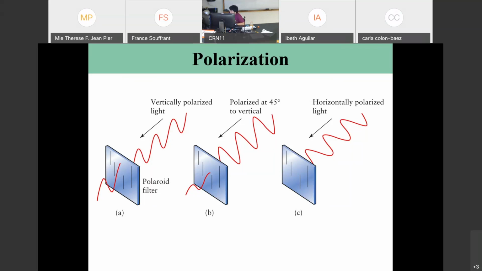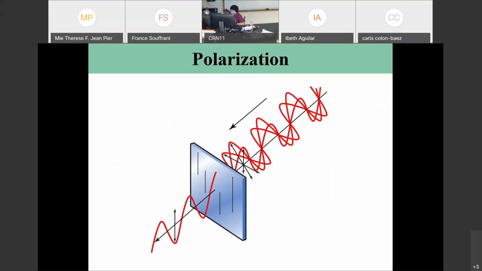You have heard about polarization, guys. Polarization is the idea of changing or revealing the transverse nature of light. Polaroid filters, guys, are like lenses, and we use them in sunglasses, so they absorb light passing through unless light is polarized in a certain direction.